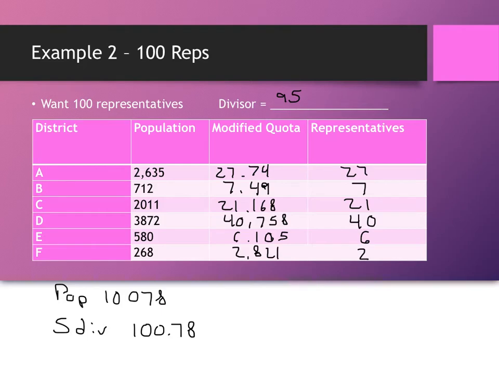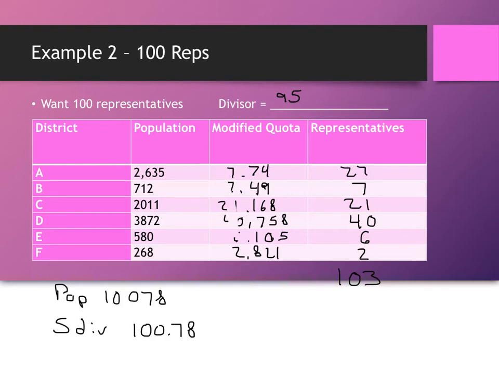And if you add up 27 plus 7 plus 21 plus 40 plus 6 plus 2, all of a sudden you get 103 representatives, which is obviously too many. Okay? So, bad news, we got it wrong.